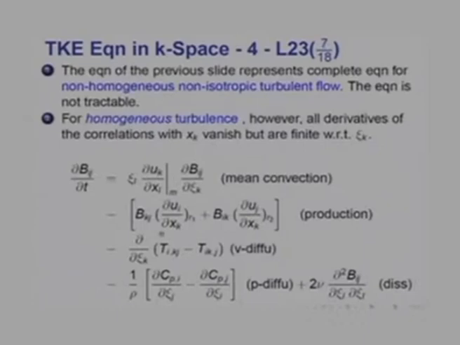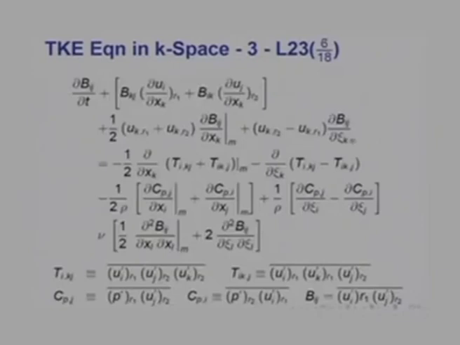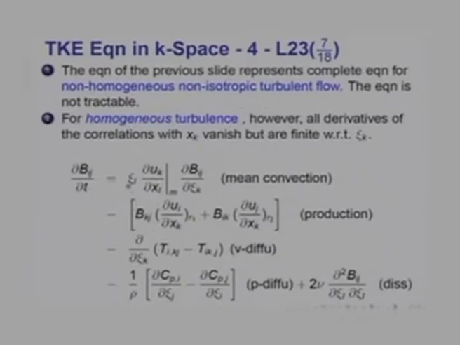We can make it somewhat tractable by postulating homogeneous turbulence. As you will recall, in homogeneous turbulence, derivatives of correlations with x k vanish, but are finite with respect to psi k, the difference. Therefore, all the terms involving dxk of Bij would vanish, and you will get this equation.